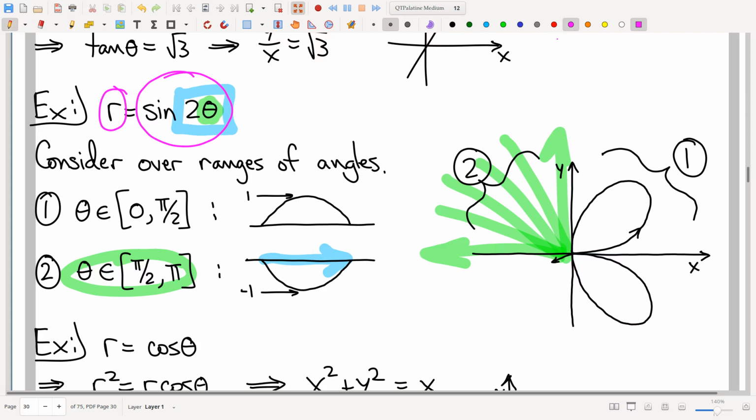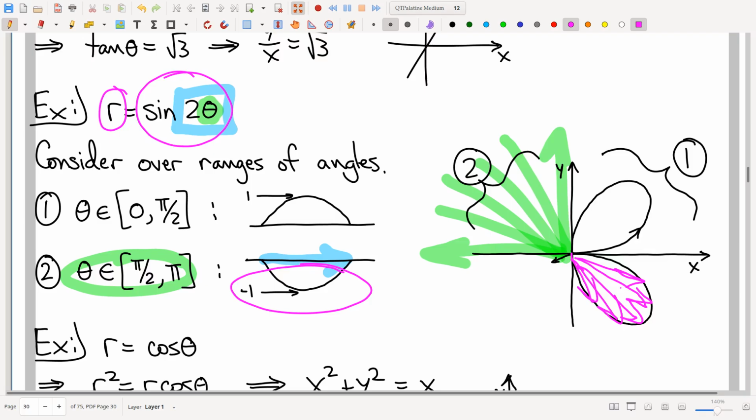And notice then that all of these values of r are negative, which means that, because they're negative, we're actually going this way. And that's why it looks like we're in the fourth quadrant. We're actually looking at second quadrant angles, and they just show up in the fourth quadrant on the page because the r's are negative.